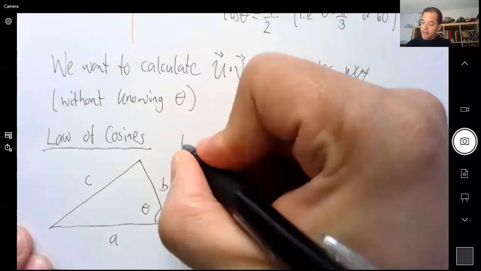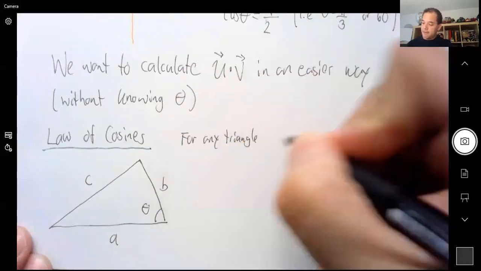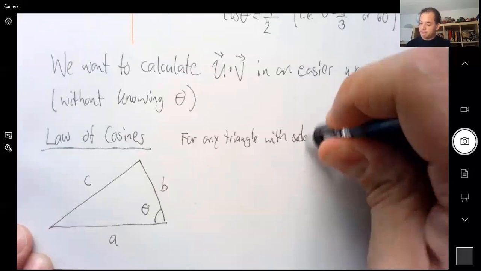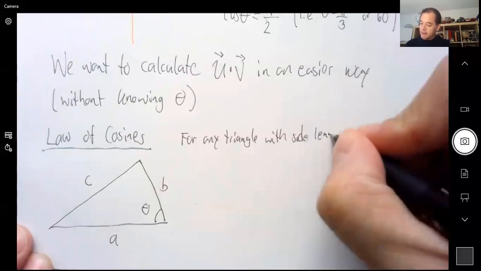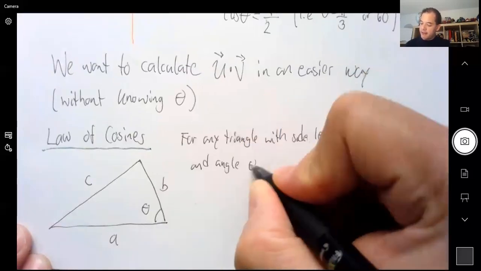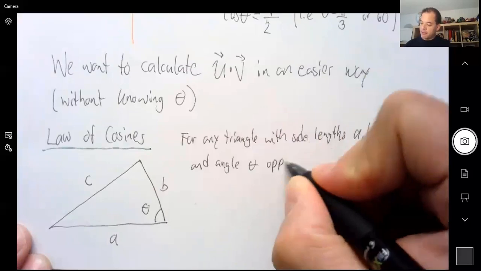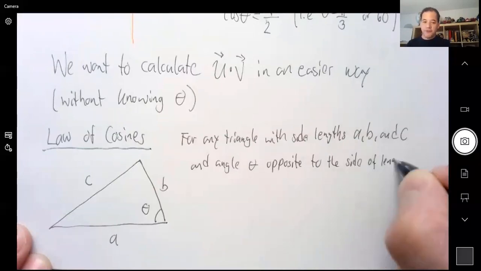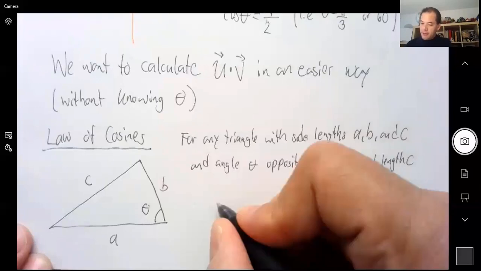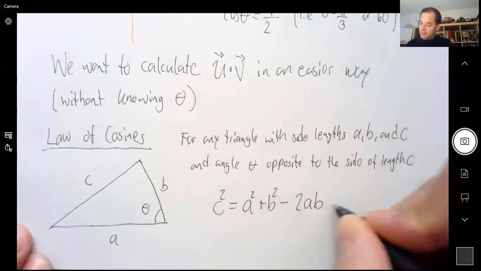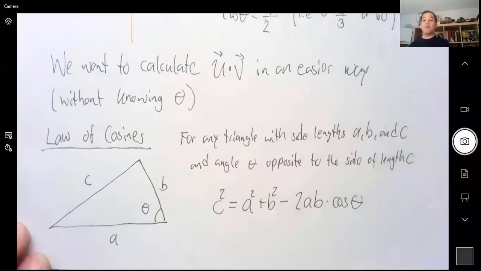So for any triangle with side lengths A, B, and C, and angle theta opposite to the side of length C, just like my picture shows: C squared is equal to A squared plus B squared minus 2AB times the cosine of theta. That's the law of cosines.